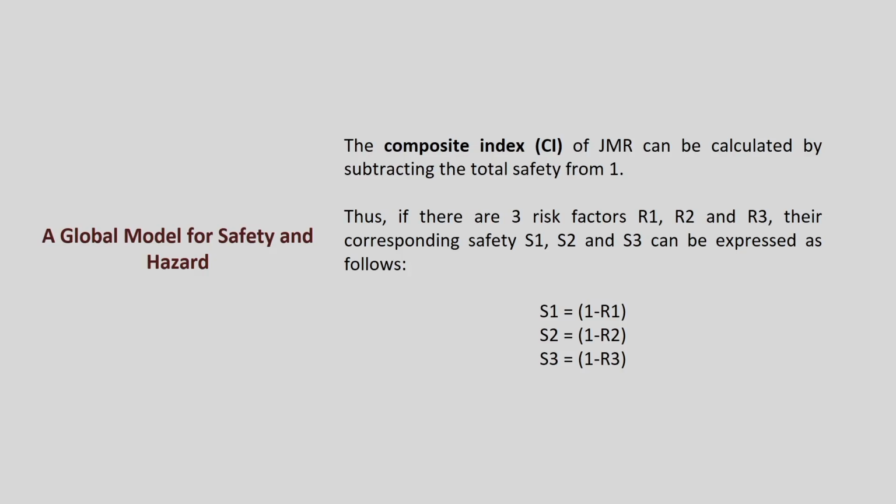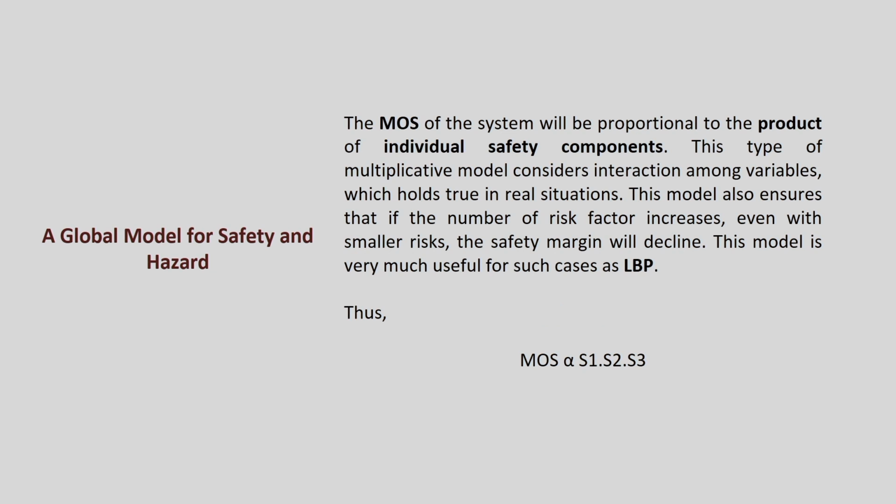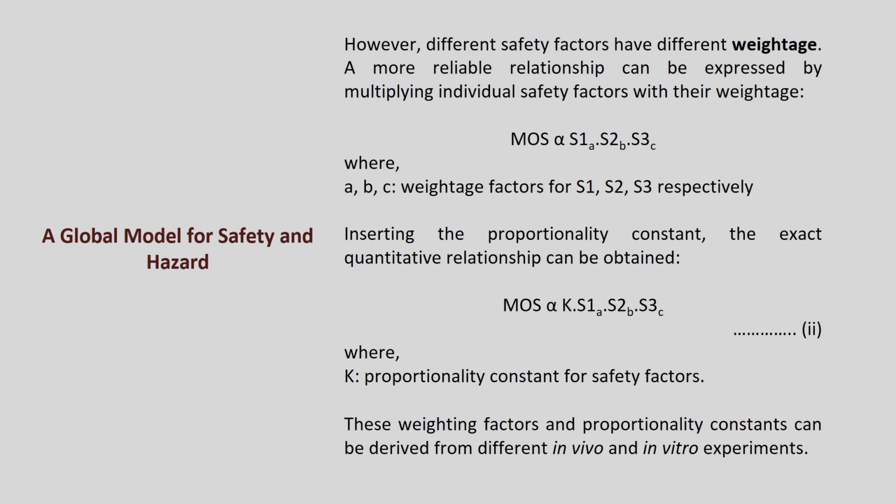The composite index of JMR can be calculated by subtracting the total safety from 1. There may be varieties of risk, so maybe safety 1 is 1 minus R1, then 1 minus R2, something like that. MOS we can sum up as S1 into S2 into S3, and then multiply it like this.